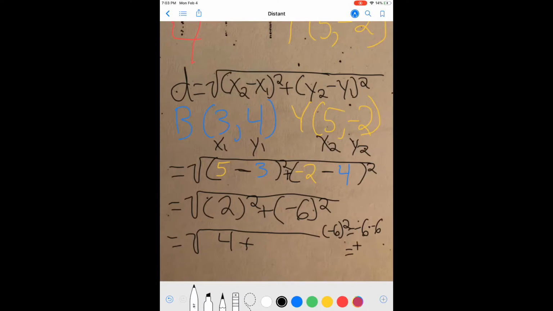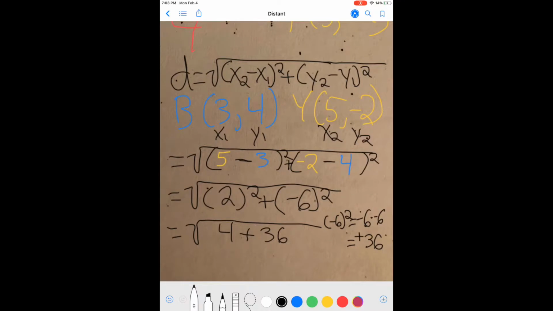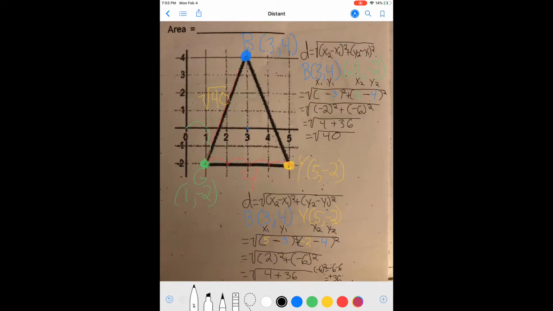Negative times a negative is a positive, and 6 times 6 is 36. So we have 36. And then I'm running out of space, but 4 plus 36 is again 40. So we have the square root of 40 in between b and y.